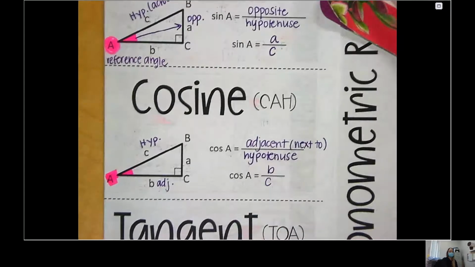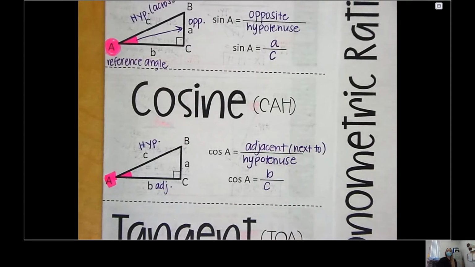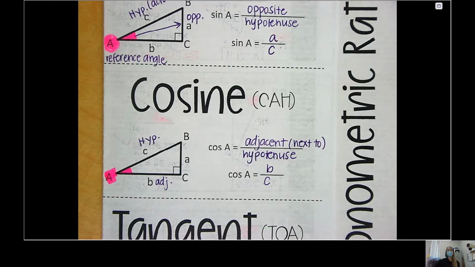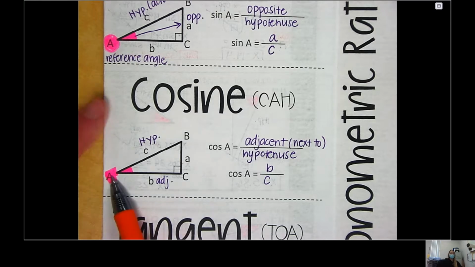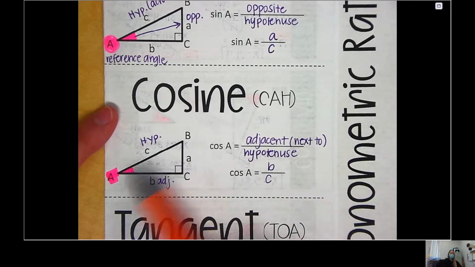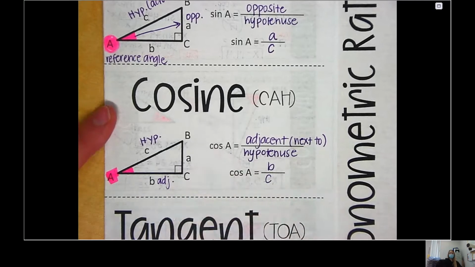The second one was the cosine, which we used when we did the adjacent divided by hypotenuse. What does adjacent mean? Next to. Very good. So adjacent means you're next to your reference angle, and then hypotenuse again is the side across from the 90.